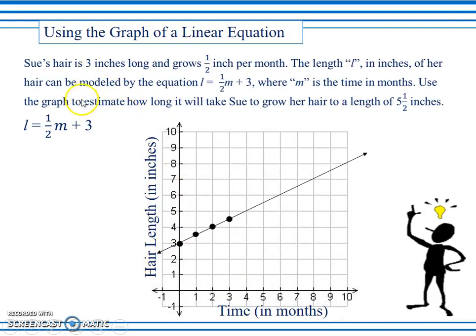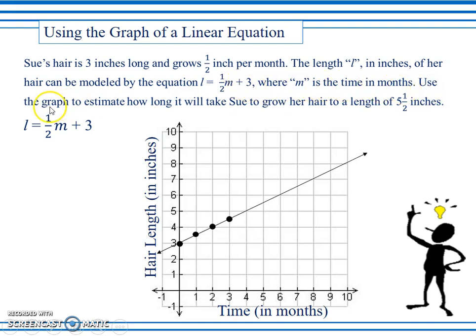Now we're asked to interpret from the graph we created. So it says Sue's hair is 3 inches long and grows 1/2 inch per month. The length L in inches of her hair can be modeled by the equation L equals 1/2 m plus 3, where m is the time in months.